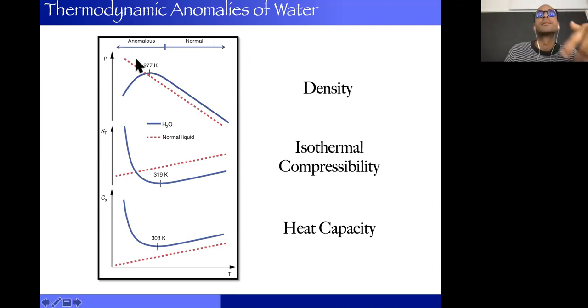So what's the origin of these anomalies? Again, the exact microscopic origins of these anomalies are still hotly debated. One of the common ideas that has come from the physics community is that you can understand these anomalies in terms of two coexisting phases of water.